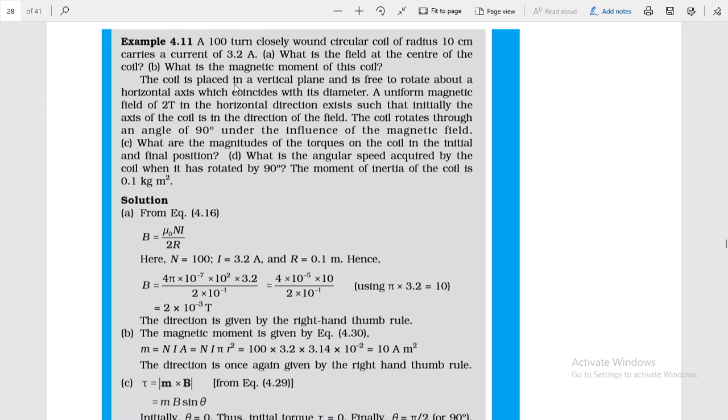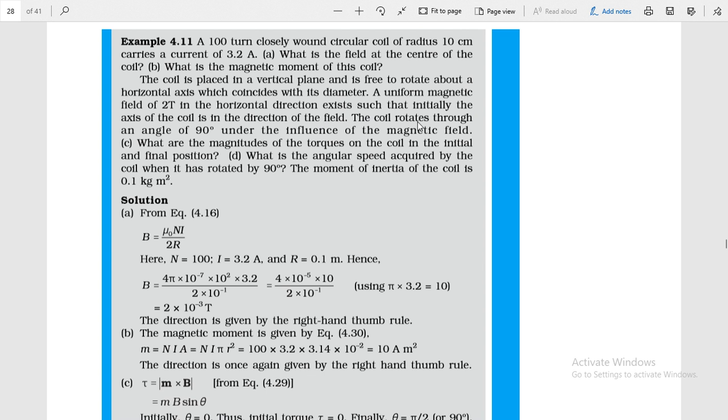The coil is placed in a vertical plane and is free to rotate about the horizontal axis, which coincides with its diameter. A uniform magnetic field of 2 Tesla in the horizontal direction exists, such that initially the axis of the coil is in the direction of the field.